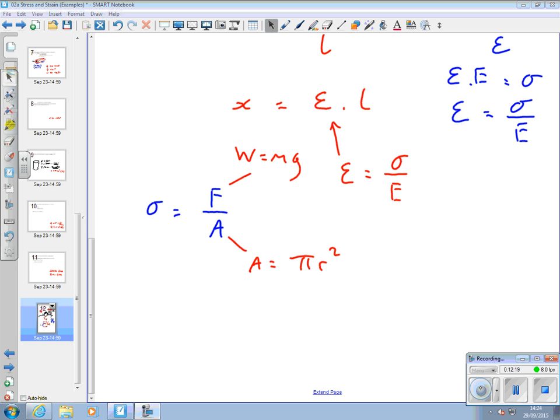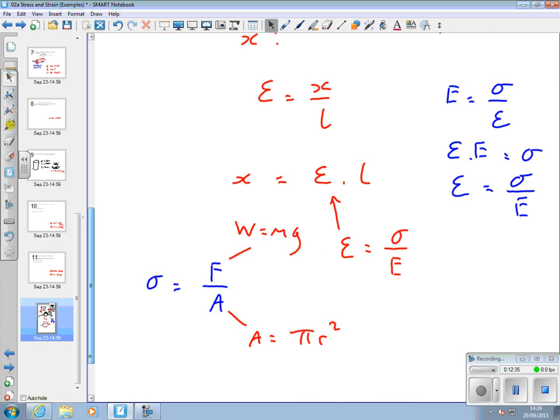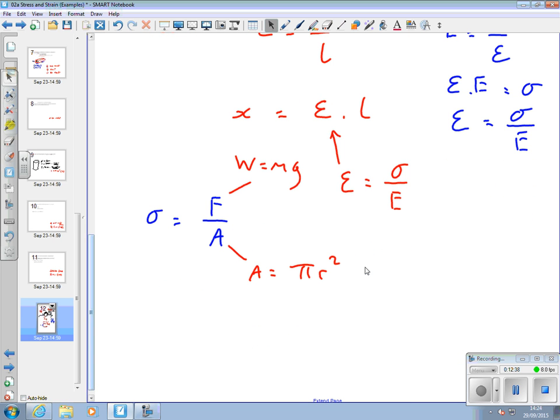For this cylinder, we've got an outer and an inner. So similar to question 4, actually, I've got to find the area of the outer cylinder and the area of the inner cylinder and subtract one from the other, and I have the area of what's left, won't I? So in other words, that's going to be pi r outer squared minus pi r inner squared.